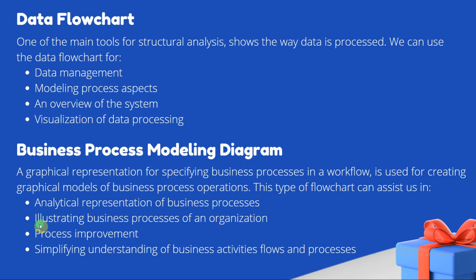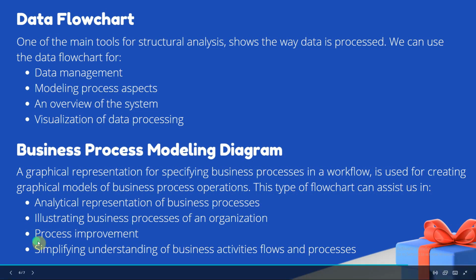So it also helps in illustrating the business processes of an organization. Not only HR, but any other department can apply this modeling diagram kind of flowchart. And also for process improvement and simplifying the understanding of business activities, flows, and processes.